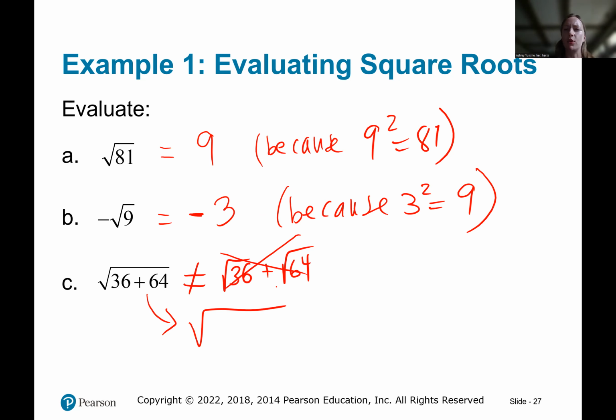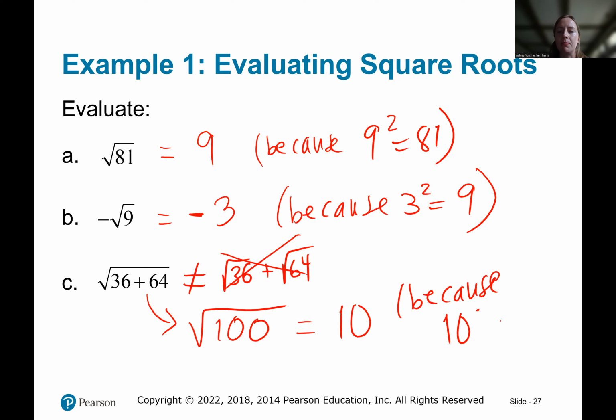It's almost like order of operations. Think of the square root as parentheses. I have to do what's inside the parentheses of the root first. Add the numbers. 36 and 64 is 100. And now I can take the square root of that. The square root of 100 is 10. Not that you have to write this, but in case this is new or it's been a long time, because 10 to the second power is 100.